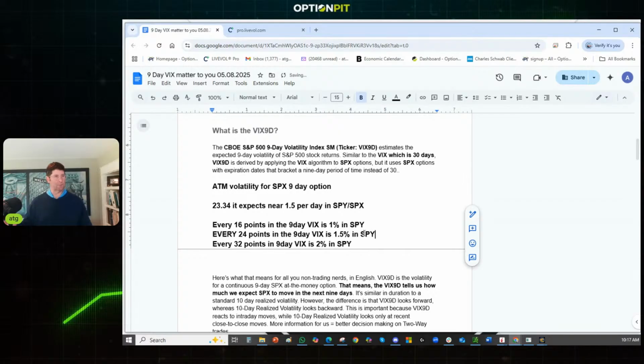So if you want it now, the market already, if we're up almost 1% and then we're back down to 0.25%, we've already moved 1.5% on the day. So you could take a look at this and say, is 23 or near 24% for the index an accurate reflection of what the at-the-money volatility should be 9 days out?